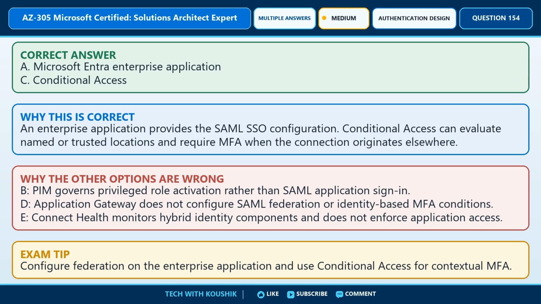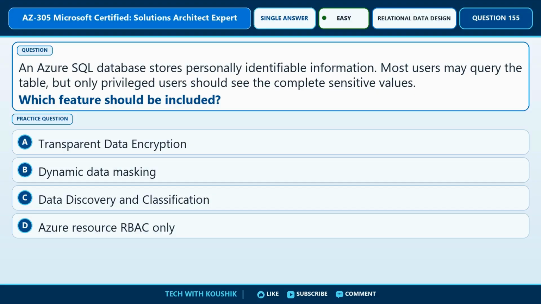D. Application Gateway does not configure SAML federation or identity-based MFA conditions. E. Connect Health monitors hybrid identity components and does not enforce application access. Keep this examination point in mind. Configure federation on the enterprise application and use Conditional Access for contextual MFA. The next item is question number 155.